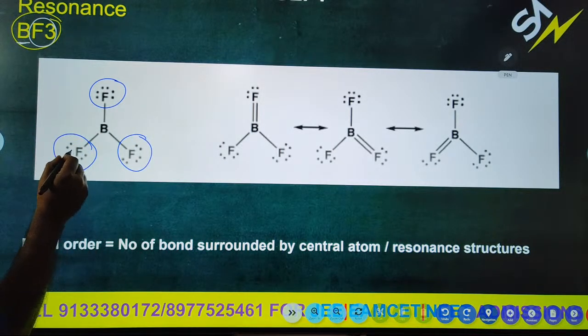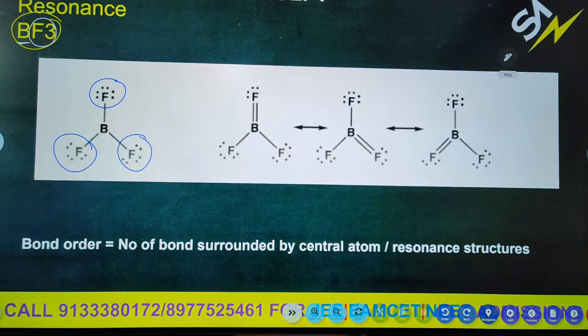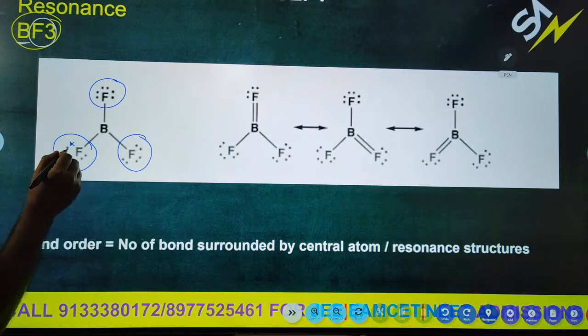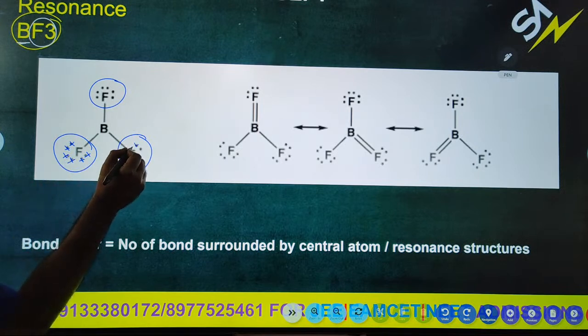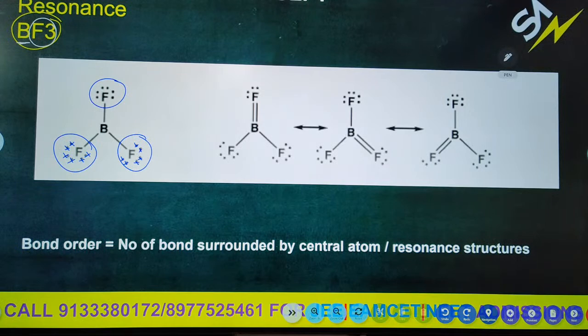Now see here. Every fluorine after combining with the boron has excess electrons, how many? 1, 2, 3, 4, 5, 6. Here also 1, 2, 3, 4, 5, 6. In this way, each fluorine surrounded around the boron has 6 electrons.